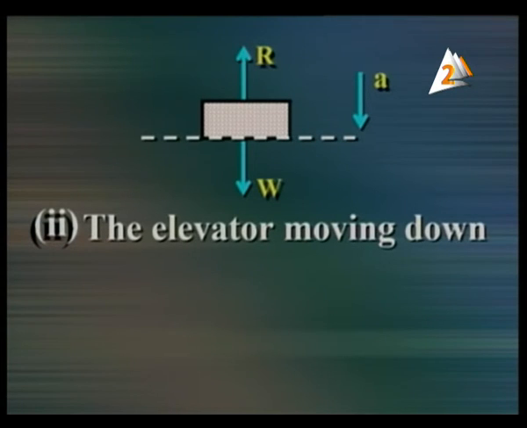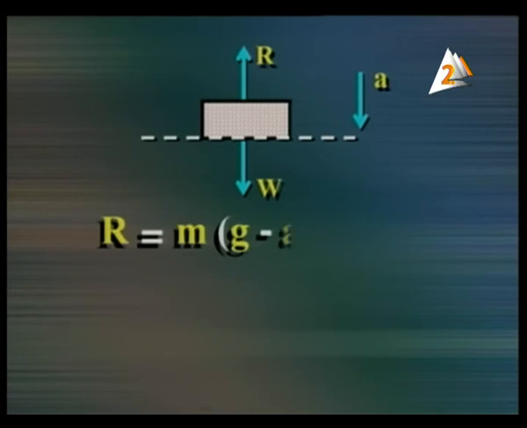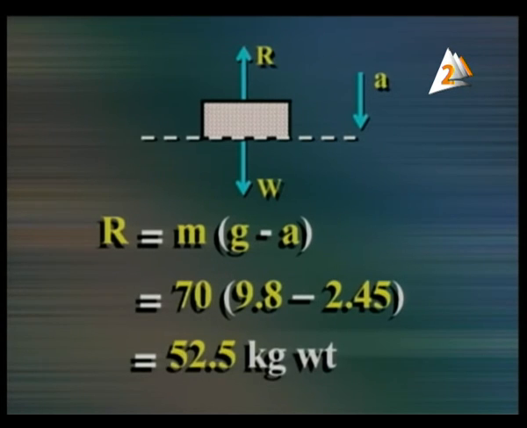Number 2, in case of the elevator moving down, MA equals W minus R. W first, minus R. Then we replace W by Mg, so MA equals Mg minus R. Then R equals M times (G minus A) equals 70 times (9.8 minus 2.45) to get the final answer 52.5 kilogram weight.